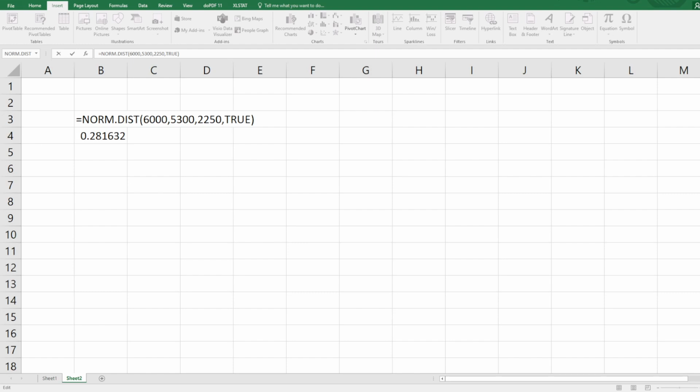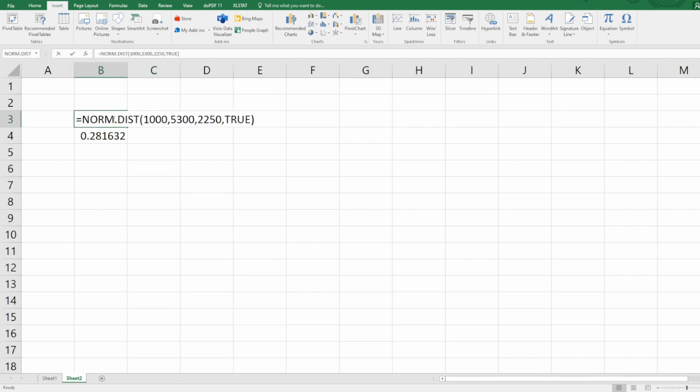In this case, for 1,000, the probability is very low, roughly 0.028.